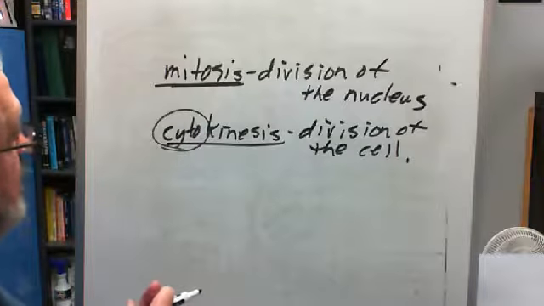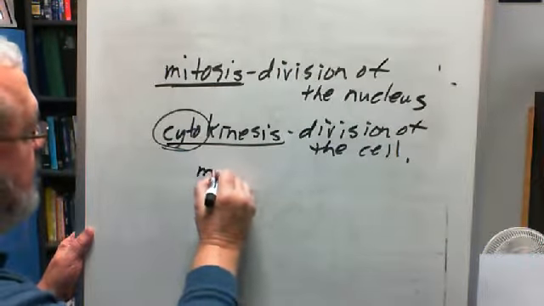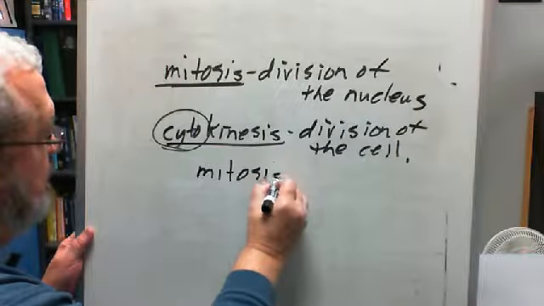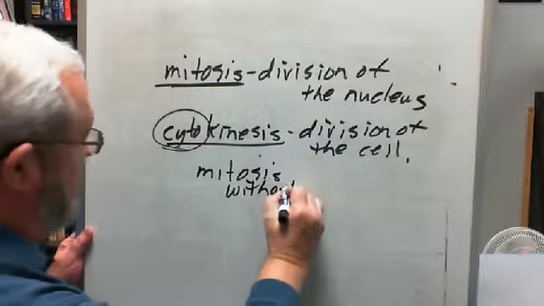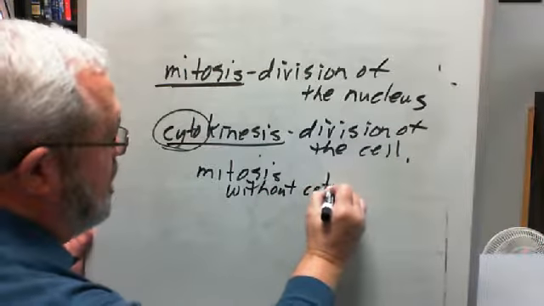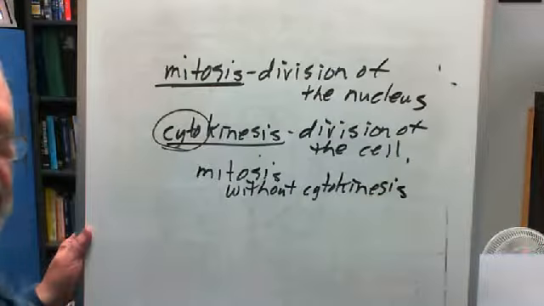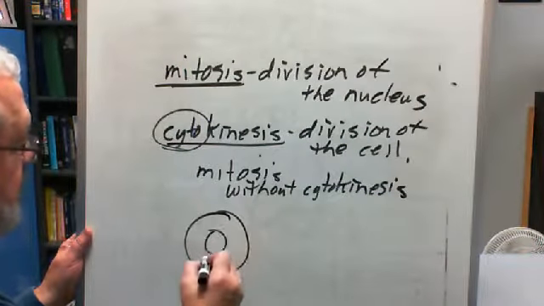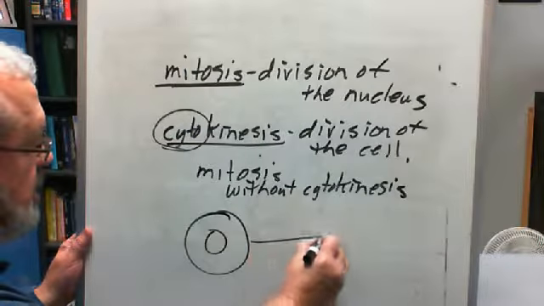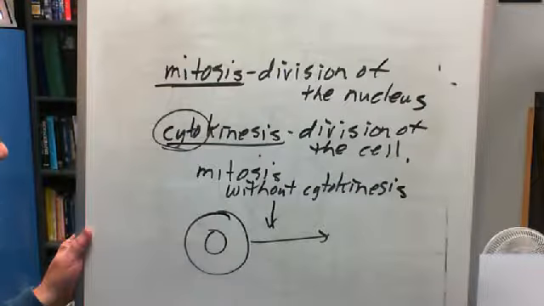And so let's say, what would mitosis without cytokinesis look like? How could we diagram that? Well, you'd start maybe with a cell that has one nucleus, and let's say that that cell undergoes mitosis without cytokinesis.